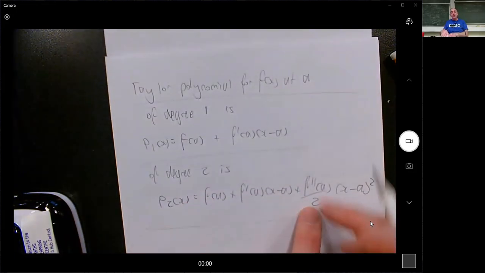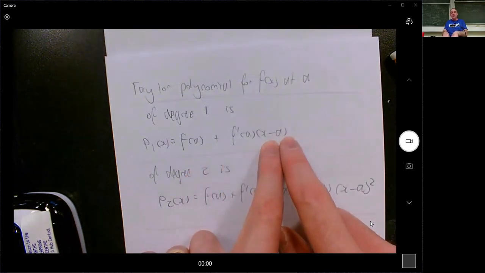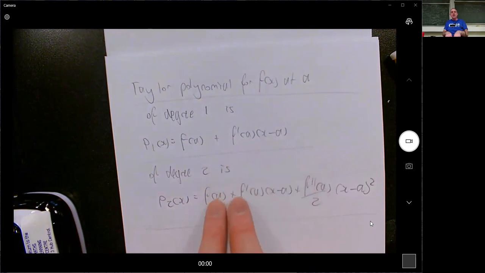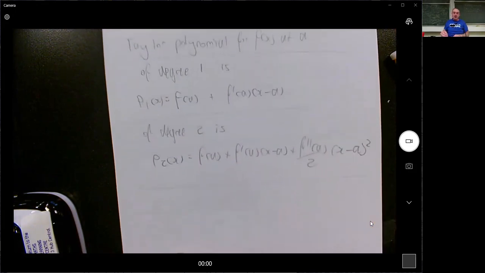Each one has one more piece. This is the degree 1, it stops with x minus A in the first derivative. This is degree 2, it stops at x minus A squared and it has the second derivative, and so on.